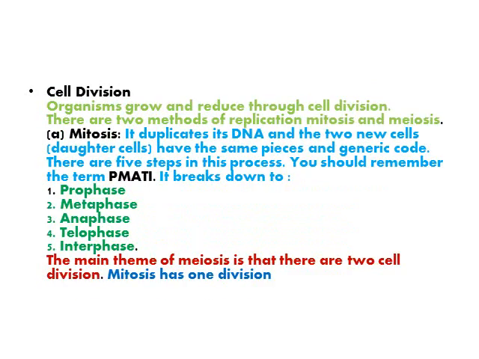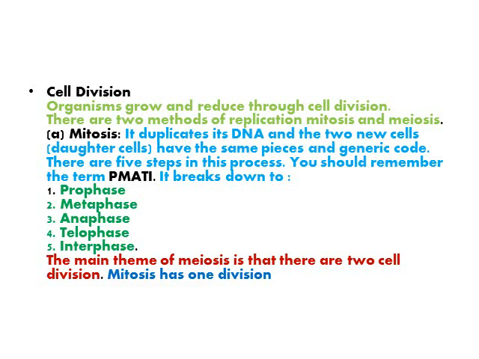Let's come across cell division. Organisms grow and reproduce through cell division. There are two methods of replication: mitosis and meiosis. Mitosis. It duplicates its DNA and the two new cells, daughter cells, have the same pieces and genetic code.